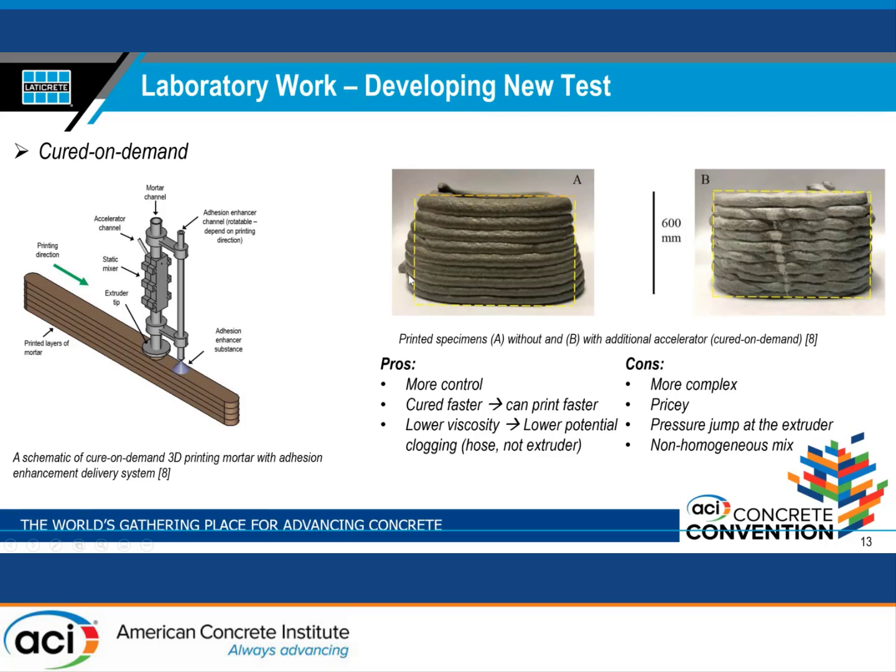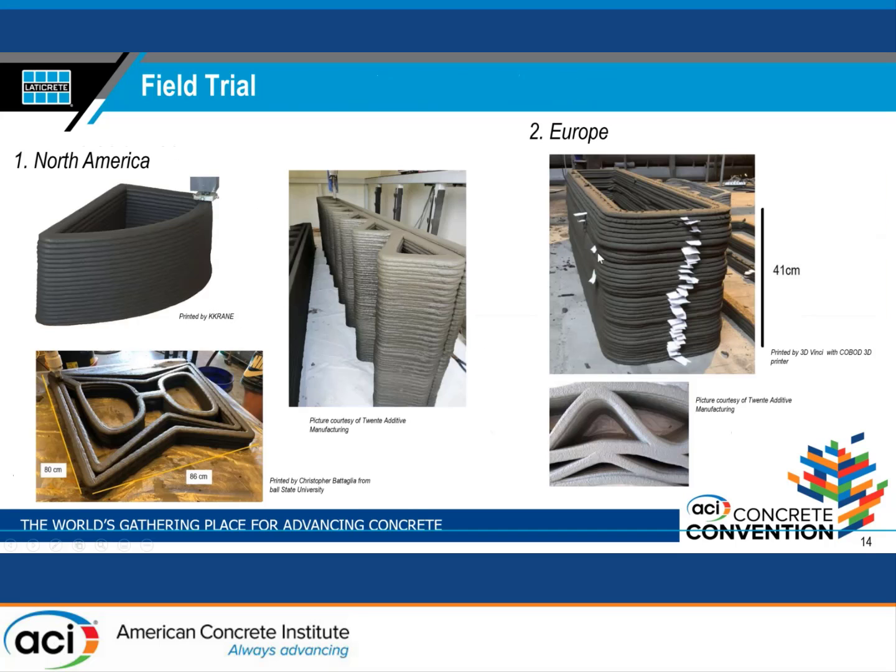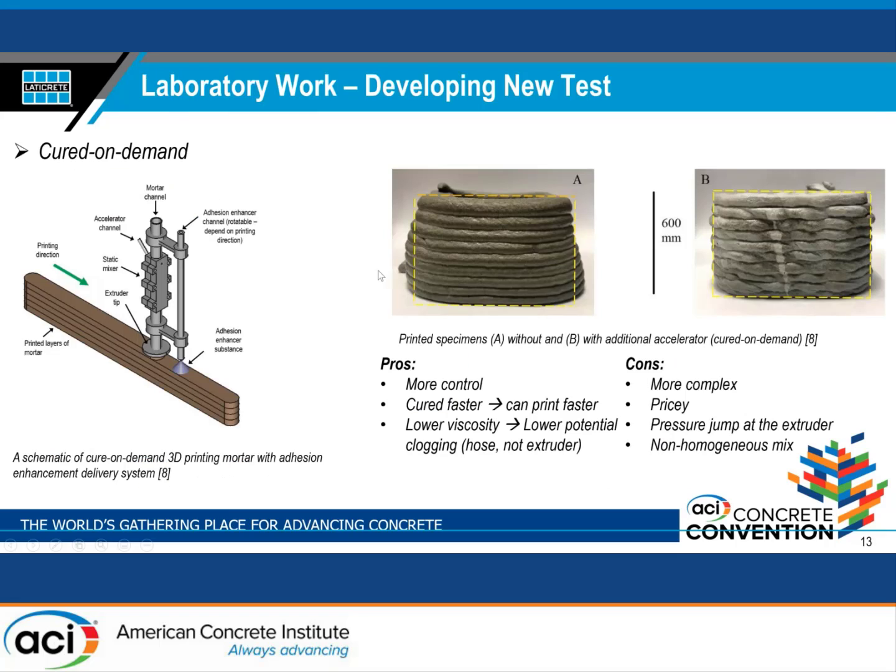It can be seen here in the picture. When we don't apply cure on demand, but just use less viscous material, the deformation of the specimens seems to be significant as compared to when we use the same material with the same viscosity and we inject accelerant. The integrity is better; the deformation seems to be significantly less than its counterpart.